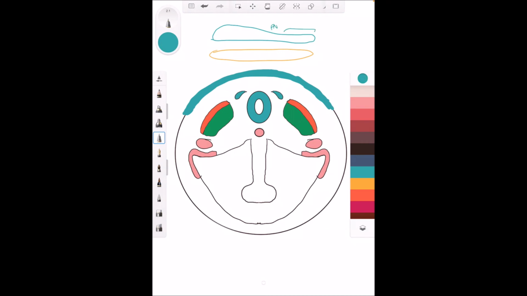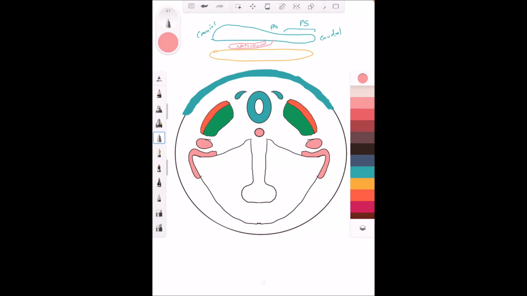So here's the notochord under here, and that's actually what this is. And above the notochord, we got the neural tube to develop.